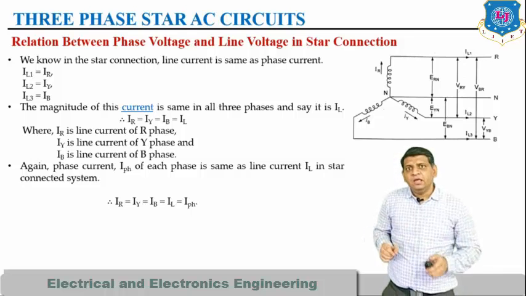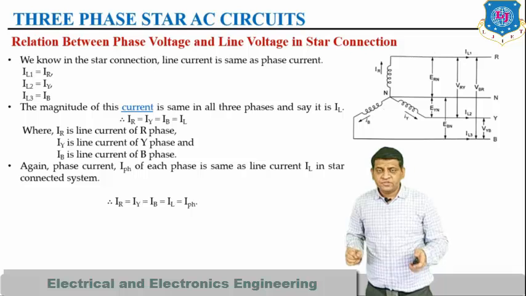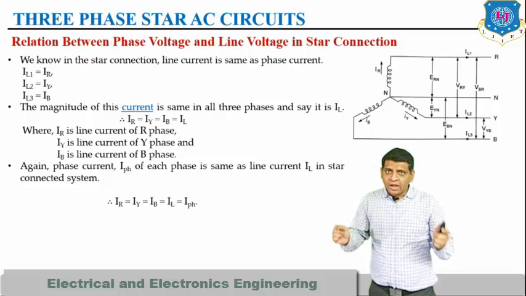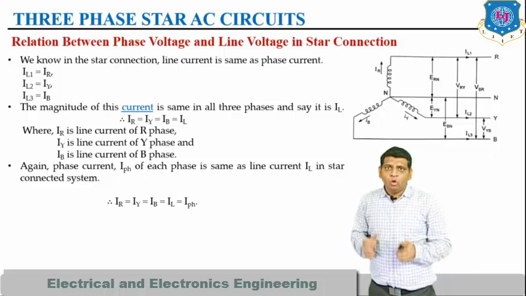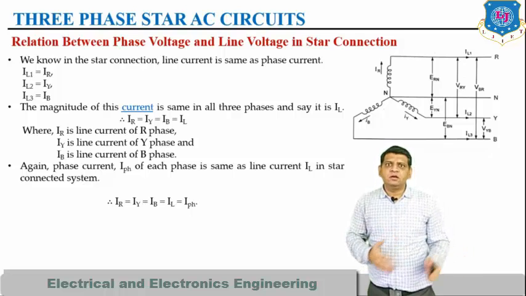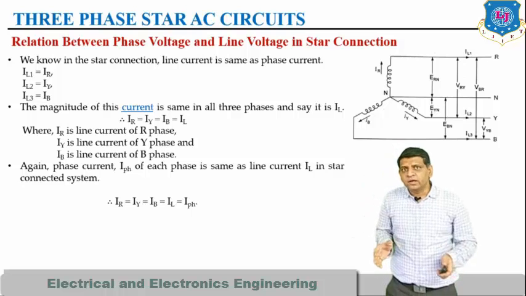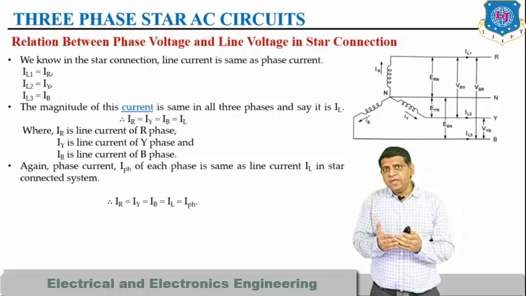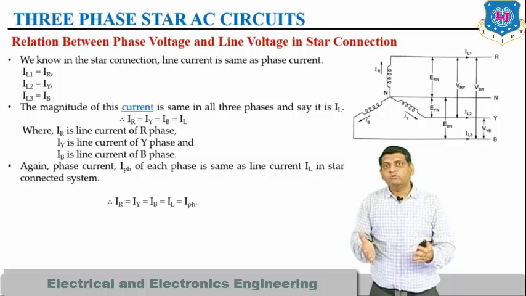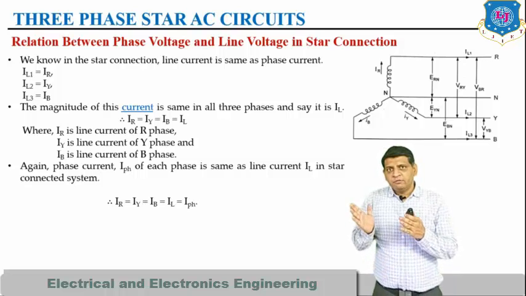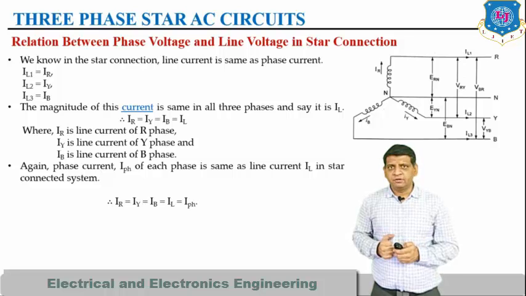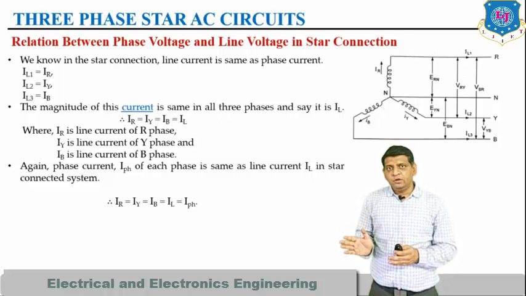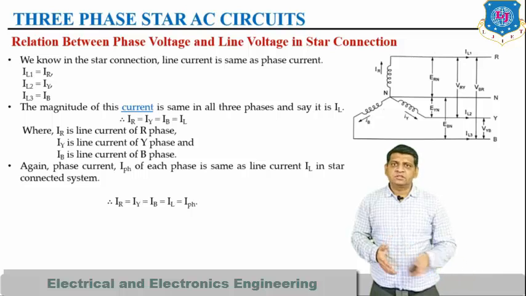So I can say IR is equal to IL1, same way IY is equal to IL2, same way IB is equal to IL3. So all the phase currents and all the line currents are the same as per the above circuit. So I can say IPH is equal to IL. This is one of the relations of phase current versus line current for a three phase star network, right? So the phase current value is the same as the line current value in a star connection.